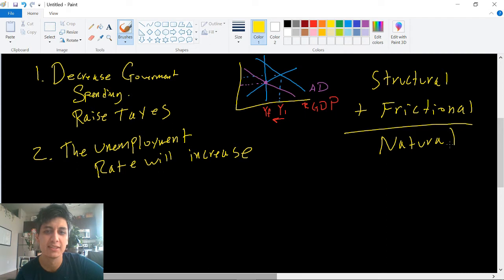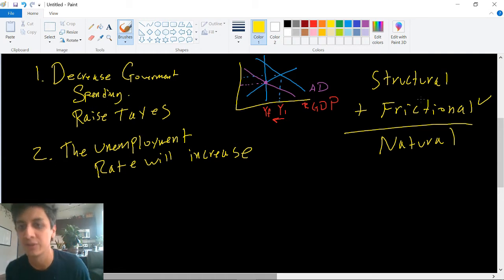Now the reason they are called natural is because there's a couple of reasons. One is that natural, meaning that these will always exist. Even if we were in this utopian society, you're still going to have people changing jobs and moving from job to job, right?